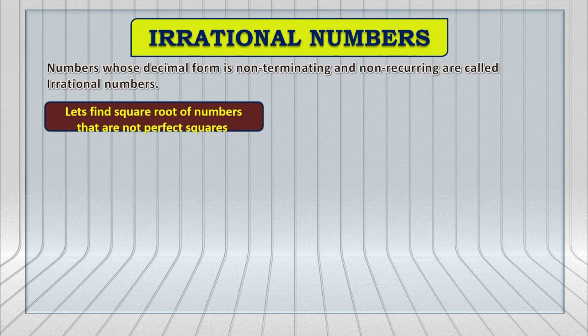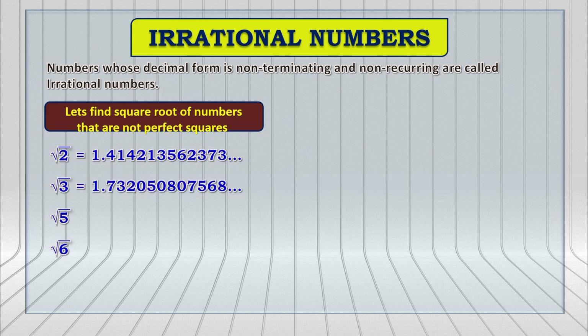Let's find the square root of numbers that are not perfect squares, like root 2, root 3, root 5, root 6. If we check the value of root 2, it is coming around 1.414213562373 dot dot dot, which is non-terminating and non-recurring.